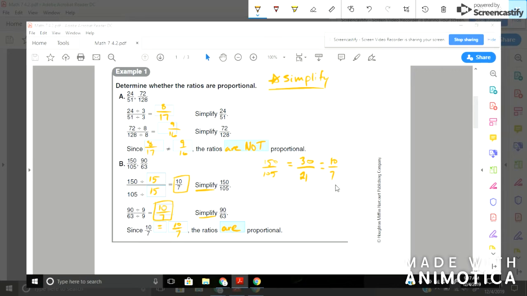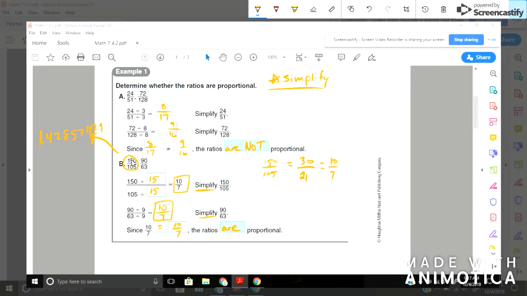The other way that I'll let you know that you can check and see if these are equivalent is you could just remember this is the same thing as dividing. You could punch in 150 divided by 105 in your calculator, and it would come up with 1.428571429.